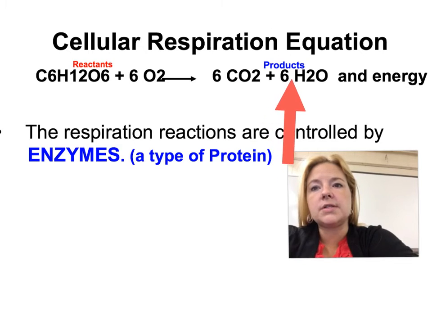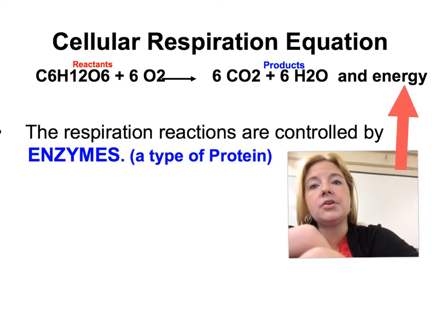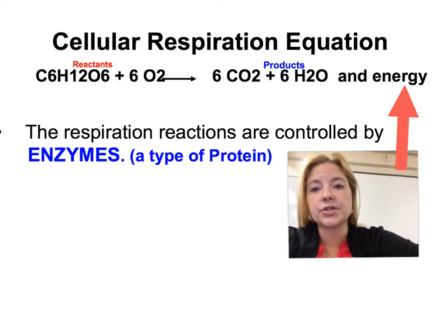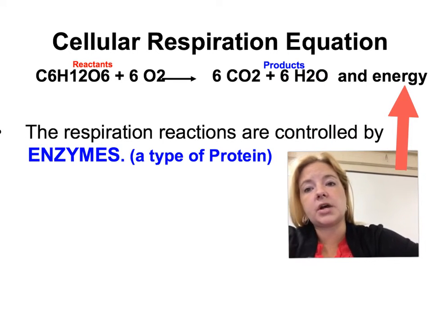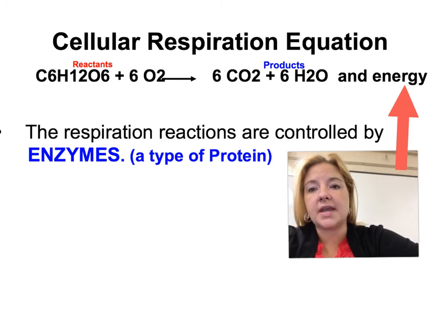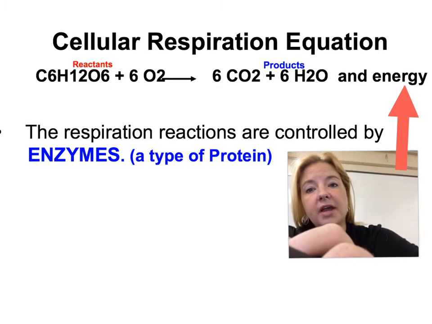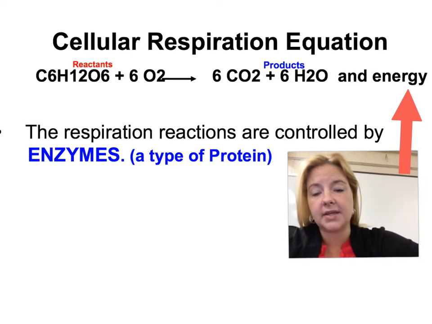There is also going to be the product of water. So there are 6 water molecules that are released. And then the energy here is actually going to be in the form that I talked about on the last slide, which is ATP, adenosine triphosphate.